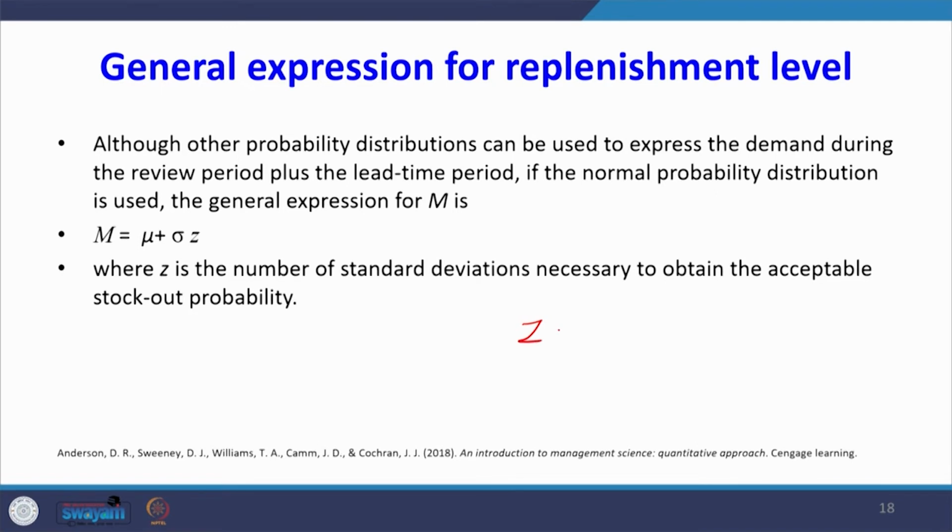We know that z equal to x minus mu by sigma. Here, instead of x we are going to call it m. So, m minus mu by sigma equals z. If you want to know the value of m, this will be mu plus z sigma. Mu is the mean of the demand, sigma is the standard deviation of the demand. The value of z is the z value corresponding to the given area, for example 0.99.